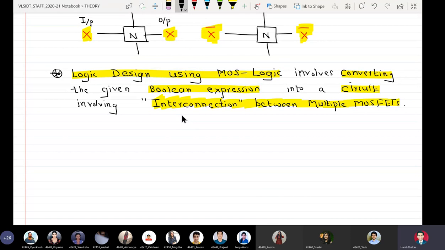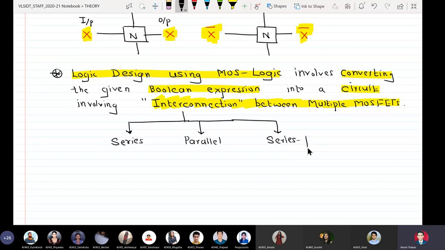So now what is the meaning of interconnection? Interconnection means connecting the MOSFETs in series, parallel or series parallel. So there can be 3 kinds of interconnections between MOSFETs: series, parallel and series parallel.